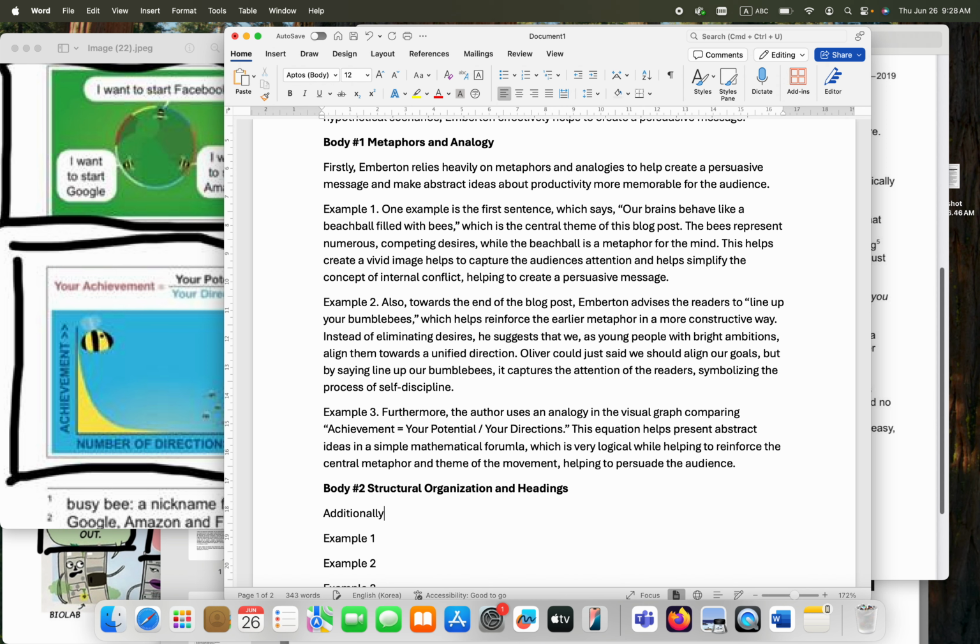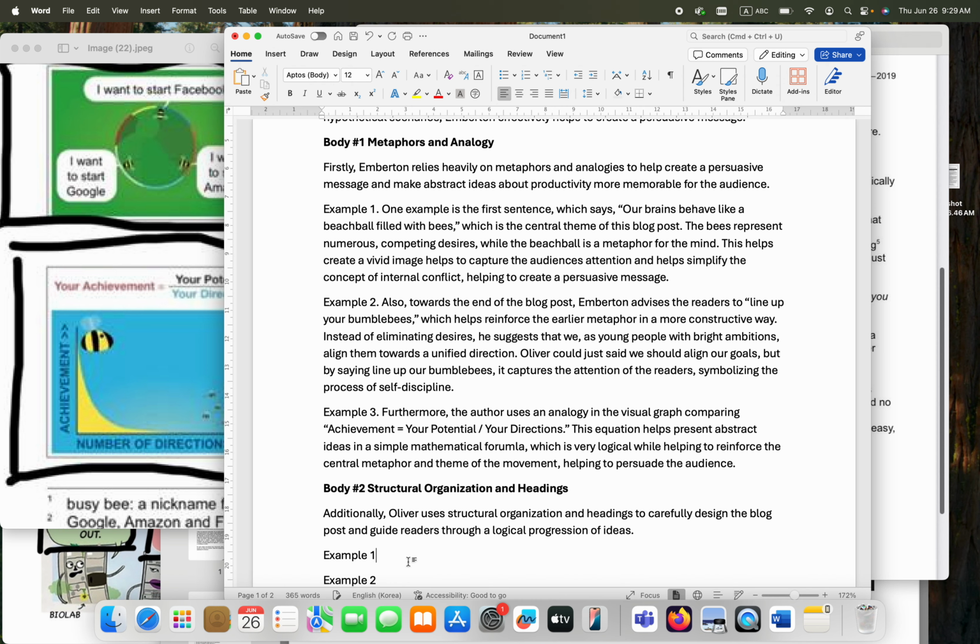Additionally, Emberton, okay, let's use Oliver, uses structural organization and headings to carefully design blog posts and guide readers through a logical progression of ideas.